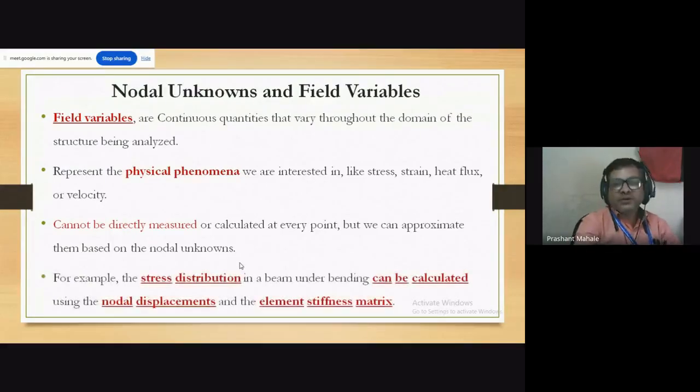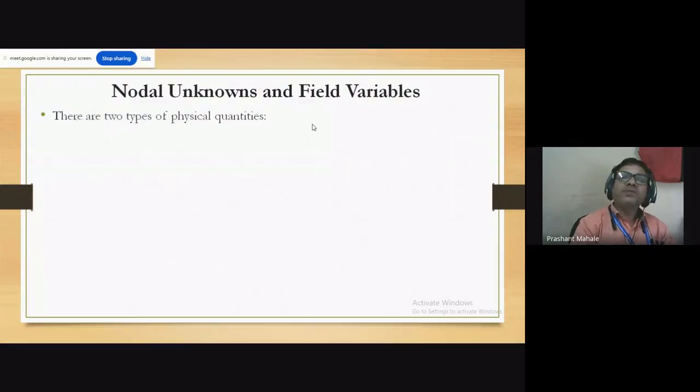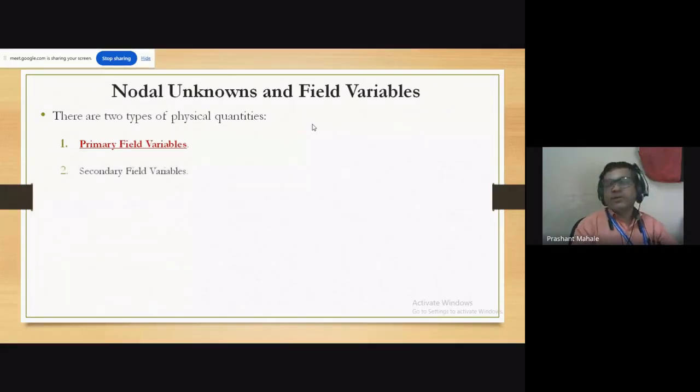So, for example, the stress distribution in a beam under bending can be calculated using the nodal displacement and the element stiffness matrix. Going for what are the types of these field variables? As I said, the parameters we call field variables. There are two types of field variables that we are going to have: primary field variables and secondary field variables.